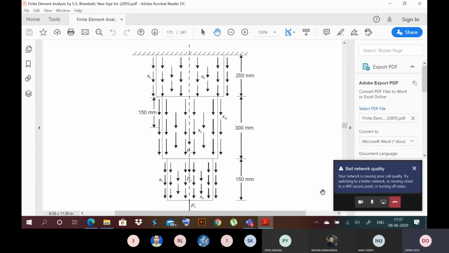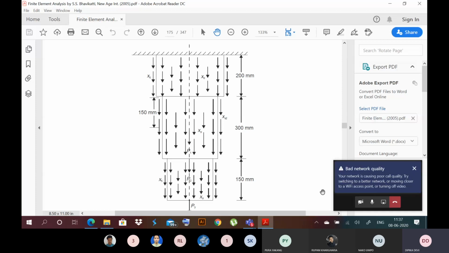Then similarly, we have surface traction xs. Surface traction is given for the whole bar. Each and every part is subjected to surface traction, and I think this is given per unit area.